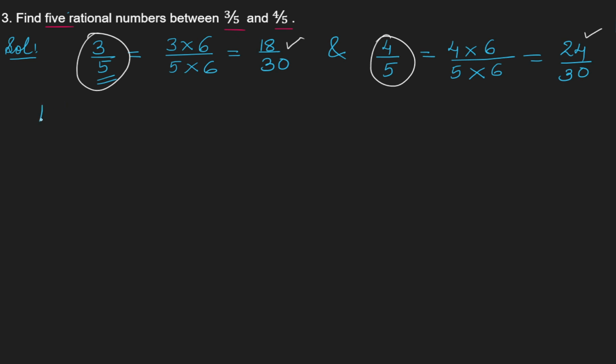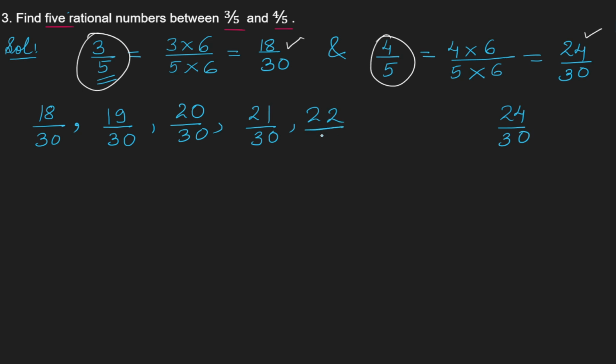Now, 18 by 30, and we can write here 24 by 30. Let us write all the rational numbers that fall in between them. So after 18 what comes? 19 by 30, 20 by 30, 21 by 30, 22 by 30, 23 by 30, and the next number will be 24 by 30.